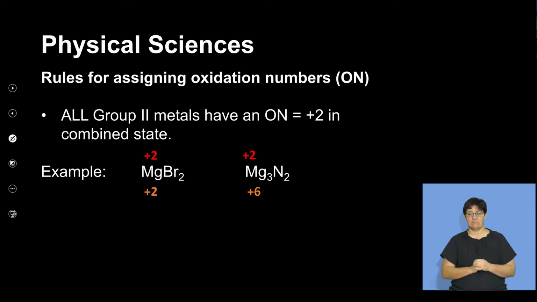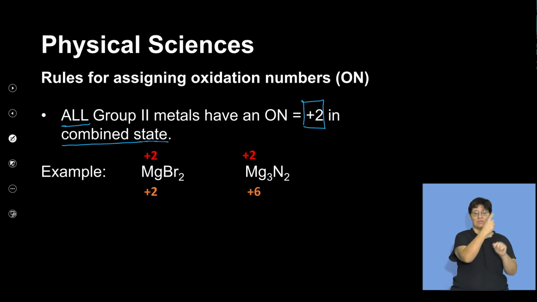Let's go on to the other one. It says here all group 2 metals. These are alkaline earth metals in our periodic table, the second column from your left-hand side. They've got an oxidation number of +2. So group 1 is +1, group 2 is +2, in combined state once again.